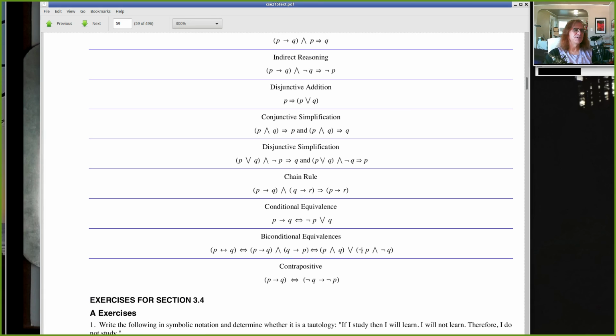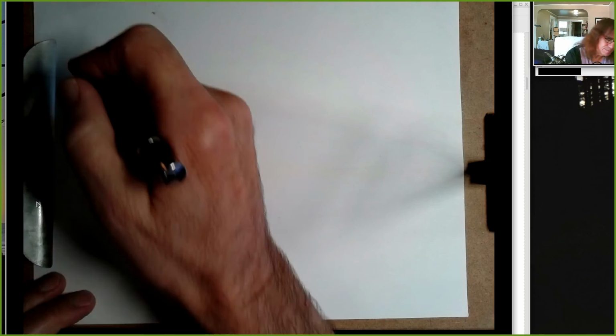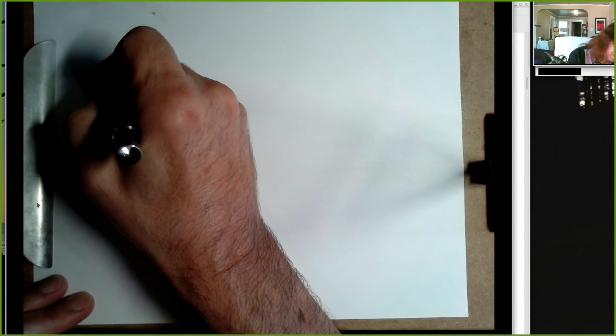All right, biconditional equivalence just goes both ways. Contrapositive is another equivalence, and we've talked about this one as well. But let's do this one more time.